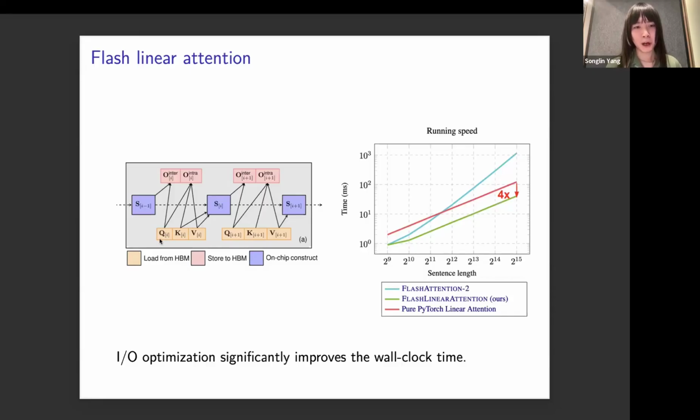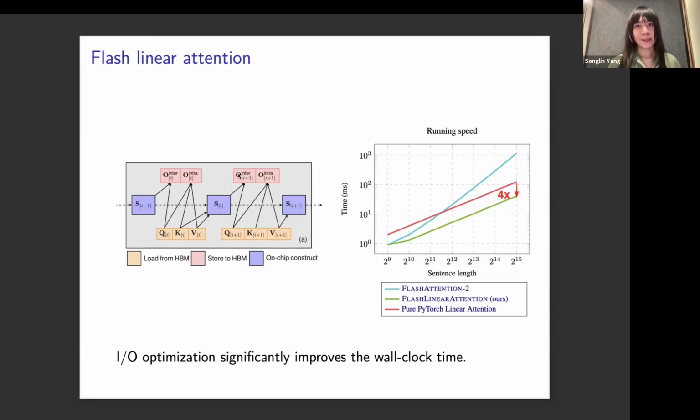And we only load the query, key and value blocks once and use them to compute multiple terms. Like for this query, it could be used to compute both the inter-trunk contribution to the output and the intra-trunk, the local contribution to the output.